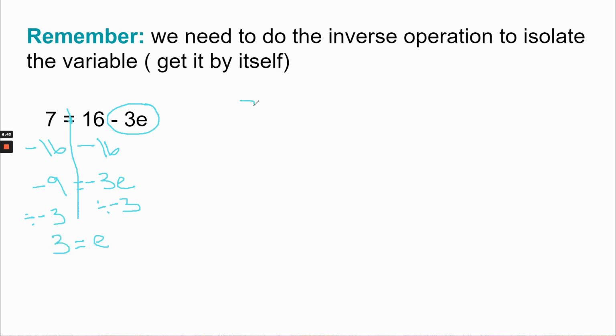We plug this in to check our answer. Three times 3 is 9. We rewrite the rest of our equation down. 16 minus 9 is 7. So we got 7 equals 7, which is true. So we know we got our answer correct.